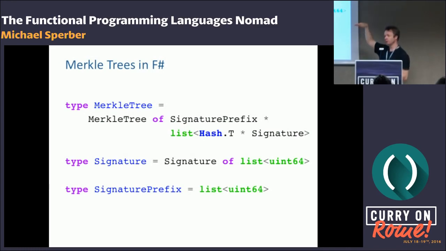And of course, as you identify a subtree in the Merkle tree, you have a prefix of all of those signatures of all the blocks that are down that subtree. So a Merkle tree just consists of a signature prefix that identifies the subtree, and a list of hashes of all the blocks in that subtree, and the signatures of all of those blocks. And then, a signature is just a list of numbers, and a signature prefix is also just a list of numbers. So it's very, very simple.